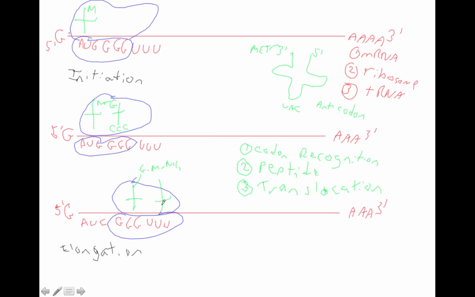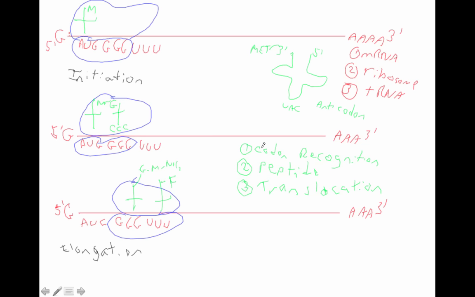Attached to this tRNA that has an AAA as an anticodon will be the amino acid phenylalanine. And the one-letter code for phenylalanine is F. Then a peptide bond will form between this phenylalanine and this glycine for the second step of peptide bond formation.